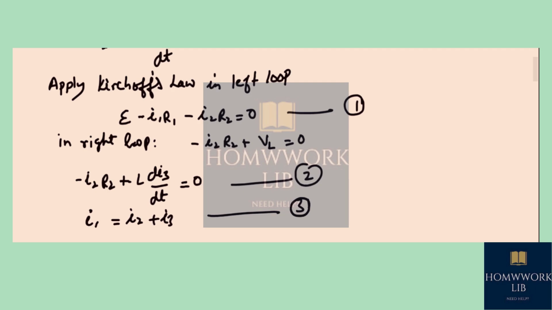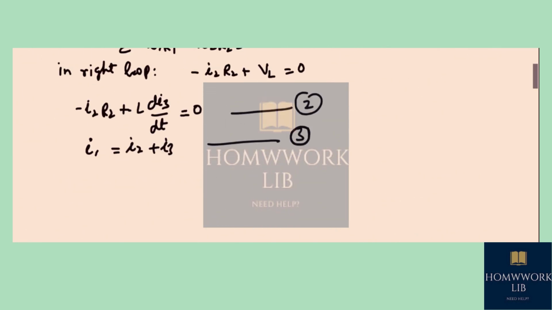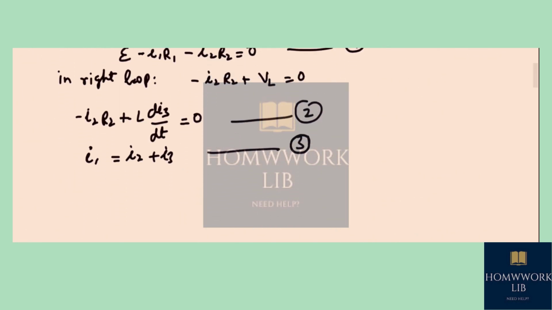From equation 1, I2 can be written as EMF minus I3 R1 over R1 plus R2, and putting this in equation 2.